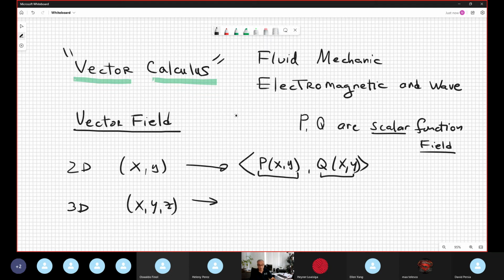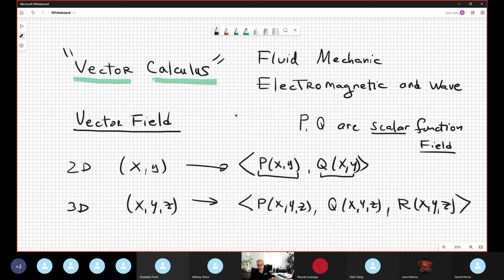But no, here it is a component of the vector. And in 3D it's P(x, y, z), Q(x, y, z), R(x, y, z). You need to be familiar with these 3 letters that we use every day: PQ in 2 dimensions and PQR in 3 dimensions.